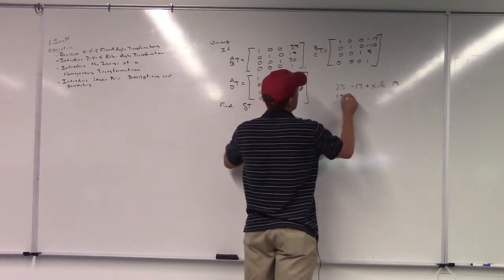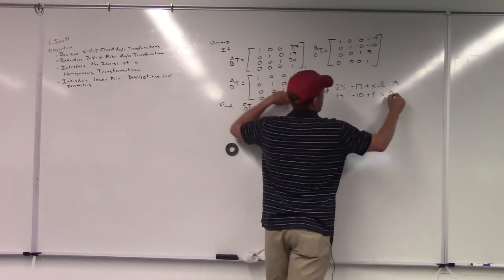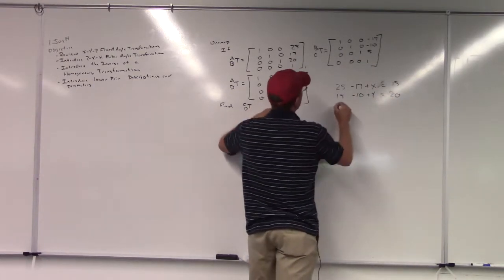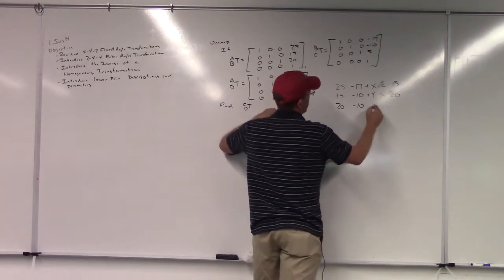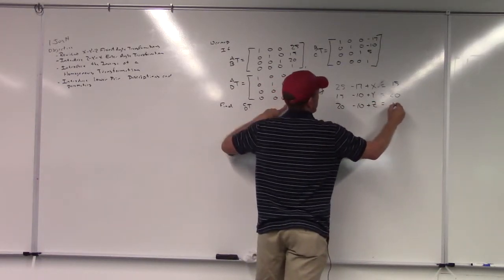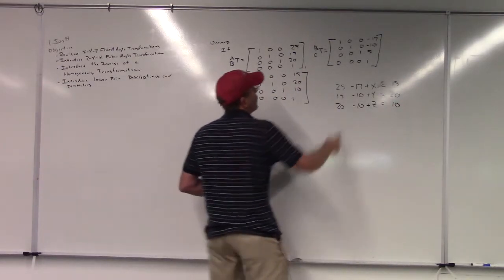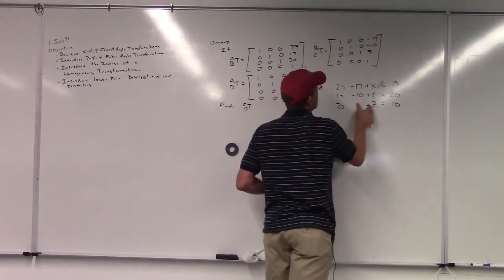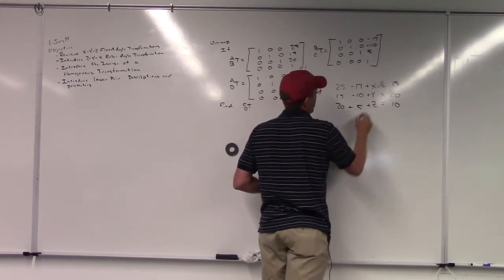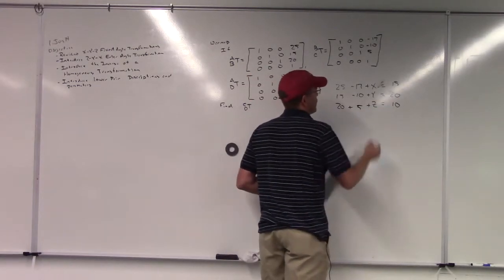So we have 15 minus 10 plus y is equal to 20, and then 20 minus 10 plus z is equal to 10. Is it plus 5? Plus 5. Oh, right there, yeah. So plus 5, plus z is equal to 10. Yeah, 10.